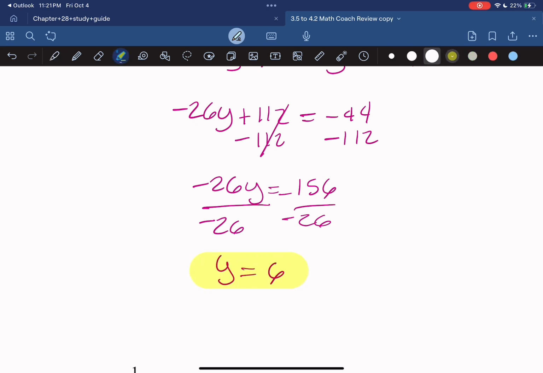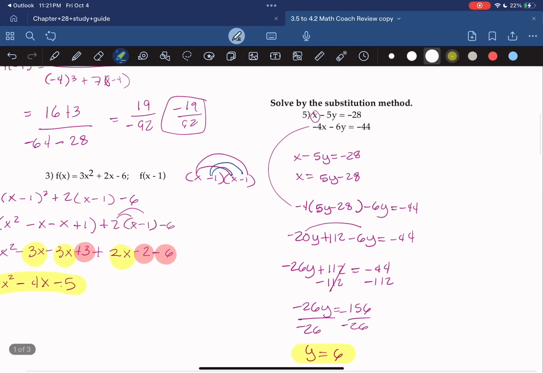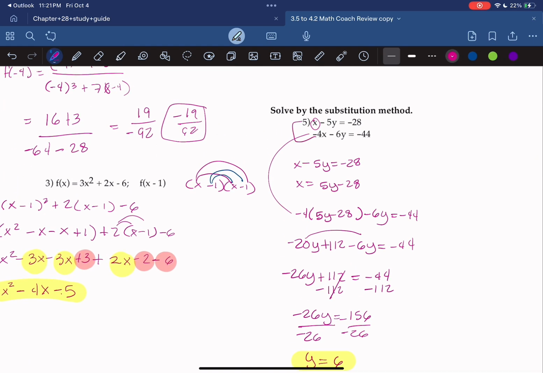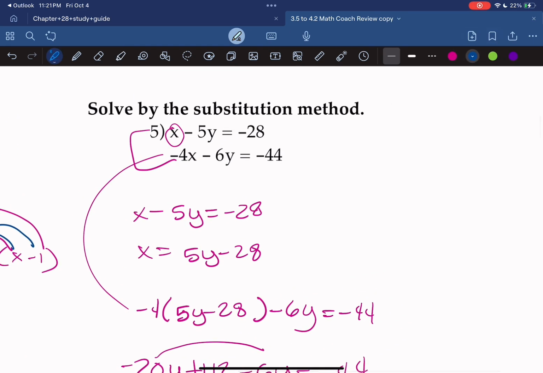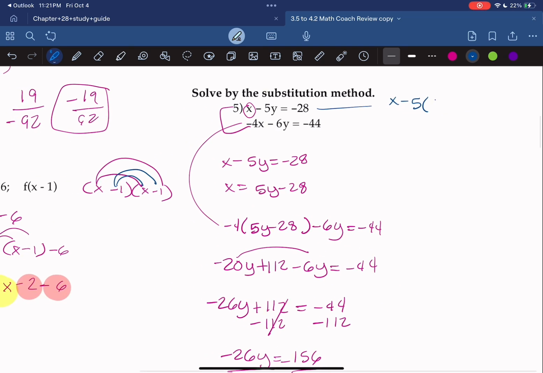Now that we have our y, we can plug it into one of the original equations. Let's plug it in to this one. So x minus 5, we said our y was 6, equals negative 40. I was looking at the other one, negative 28.